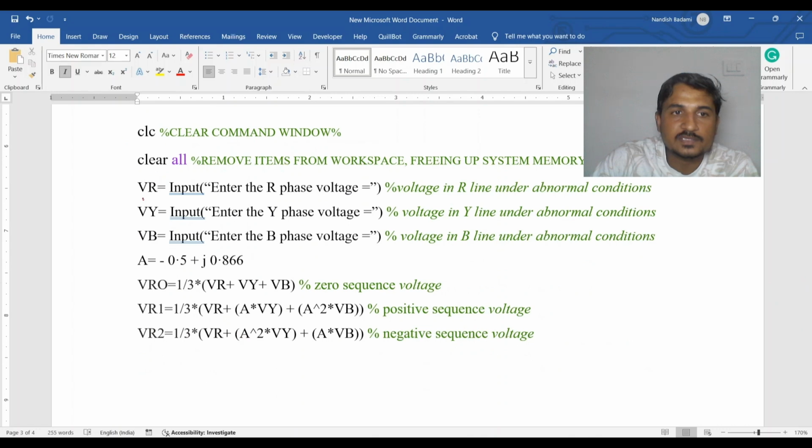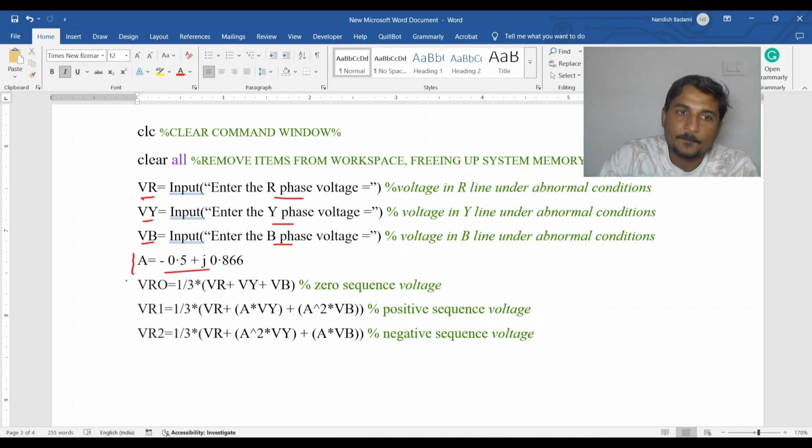The unknown parameters are the R phase, Y phase, and B phase abnormal voltages. Sorry, not unbalanced, the abnormal voltages. Using the input command, we can fetch the R phase, Y phase, and B phase abnormal voltages. The value of A is constant, and it is given by minus 0.5 plus j 0.866.